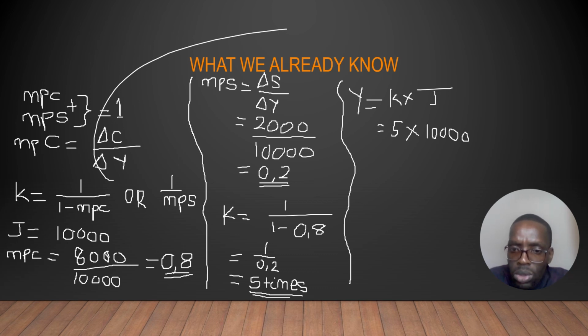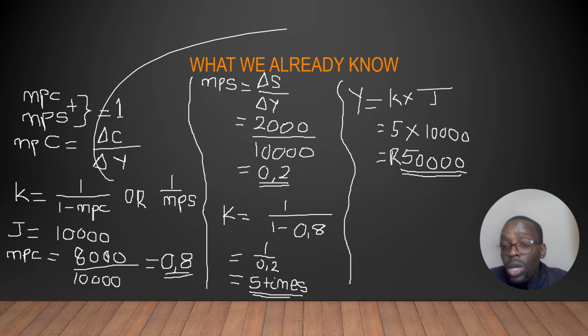So we'll now see that the value of our national income is going to increase by 50,000. So a simple injection of 10,000, if the MPC is 0.8, is going to result in an increase in the size of our national income to the tune of 50,000.